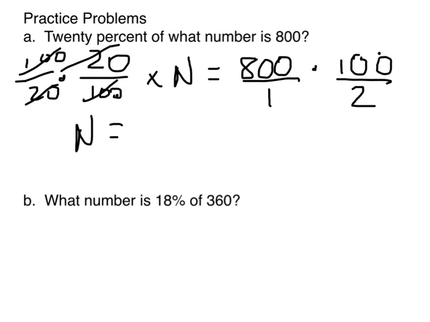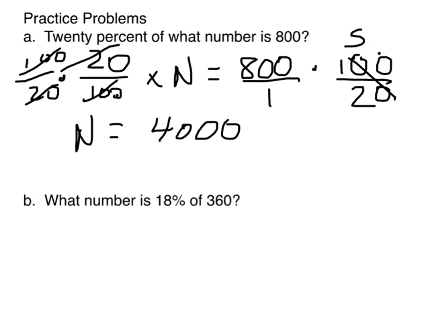But I know right here, oh, this was 20. 100 divided by 20 is 5. So I can cross all this out and say 5, and then all I need to do is say 800 times 5, which is 4,000. 800 is 20% of 4,000.